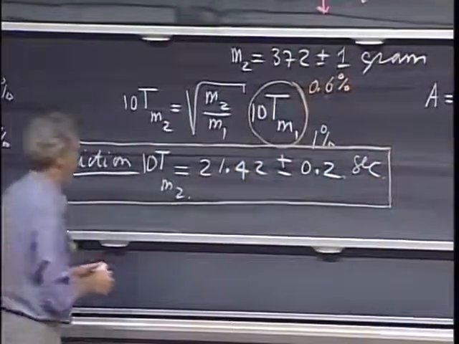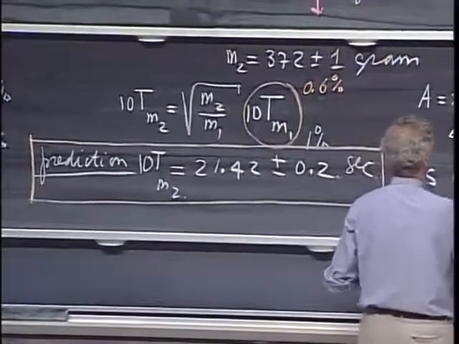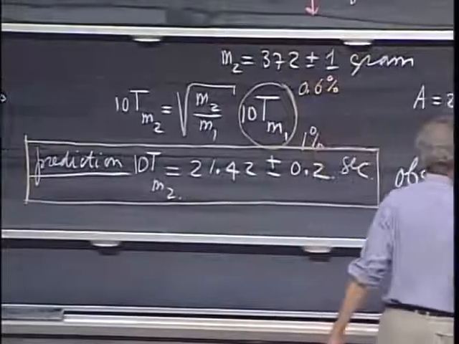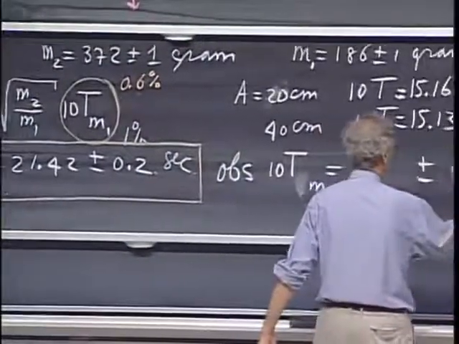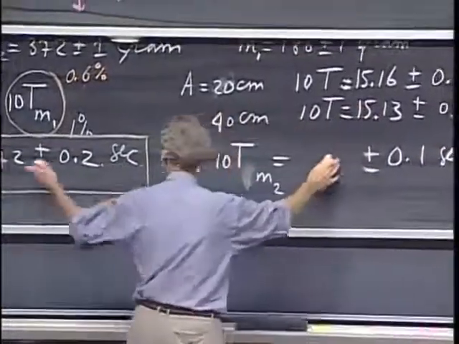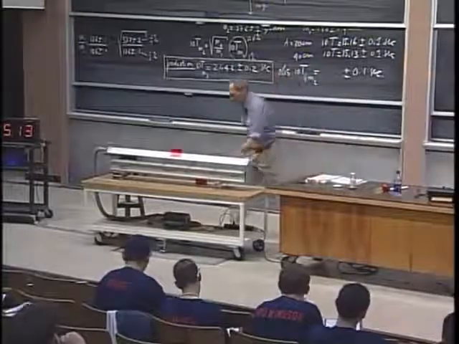And now we're going to get the observation of 10T times M2, which is double the mass. And that, of course, always has my uncertainty of my reaction time. There's nothing I can do about that. And we will compare these two numbers. So I will put the other mass on top of it.